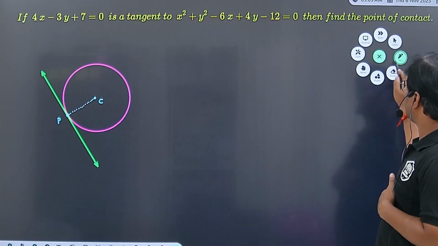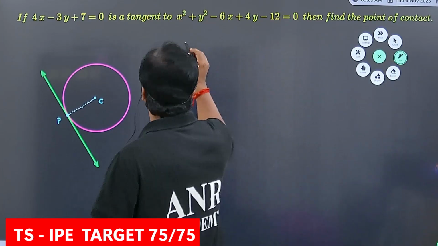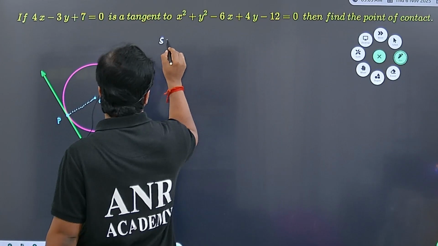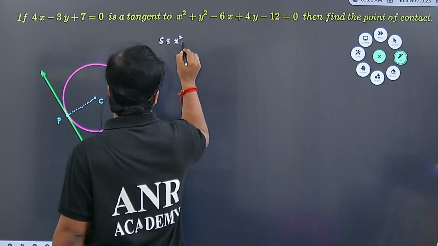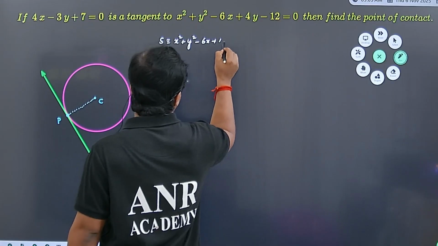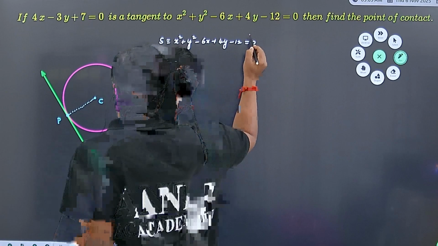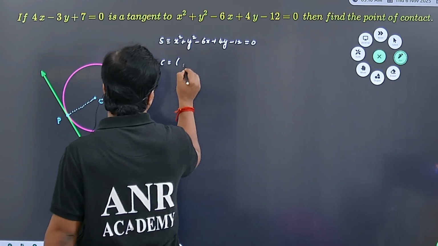Given data, I am going to write first. S is given by circle equation S, second degree, x square plus y square minus 6x plus 4y minus 12 equal to 0. And from this you can write center.